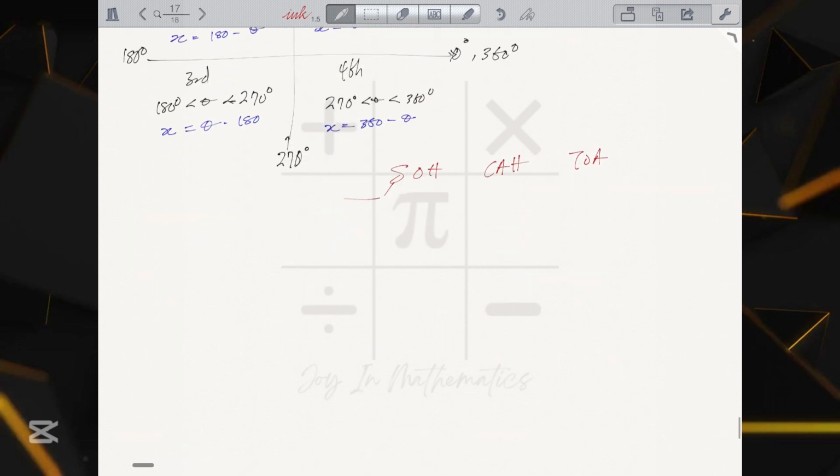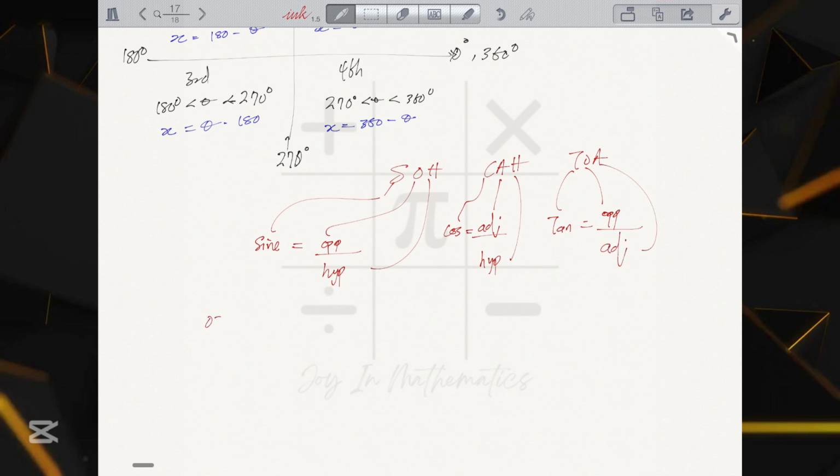So here means sine is equal to opposite divided by hypotenuse, and here means we have the cos being the adjacent divided by hypotenuse, and here we have the tangent being the opposite divided by the adjacent.